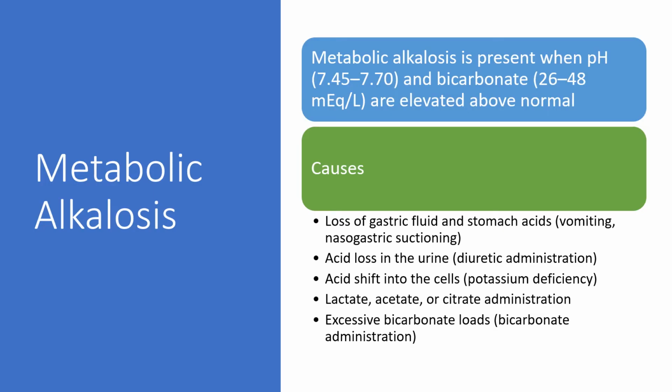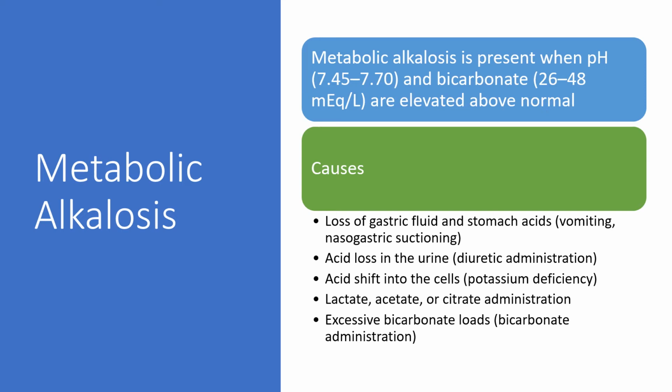What about a metabolic alkalosis? Well, usually this means that the pH is greater than 7.45 and the bicarb is over 26. So some causes: loss of gastric fluid, so they've been suctioning the stomach juices out, or the patient was vomiting. If they lost acid in the urine, like they gave them a lot of diuretics, that could cause someone to go into an alkalosis.